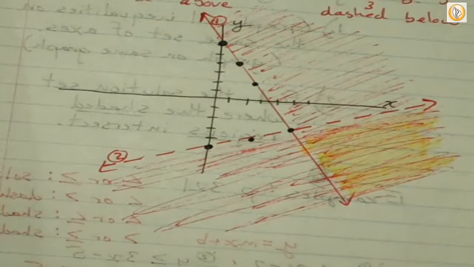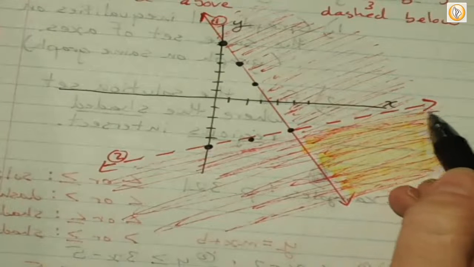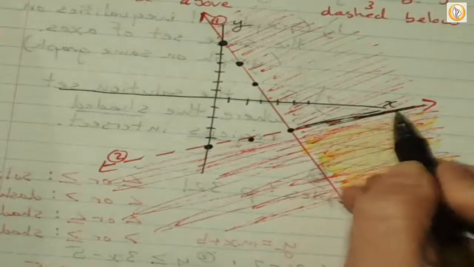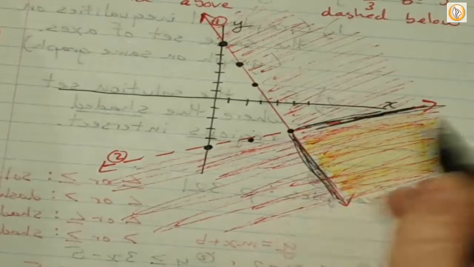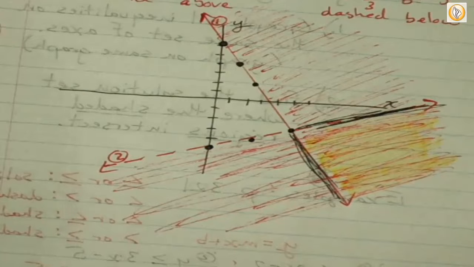If you're using just a regular pencil, you can even darken this right here, shade it real dark or something, just so that I know what your answer is. Any questions? You understand?